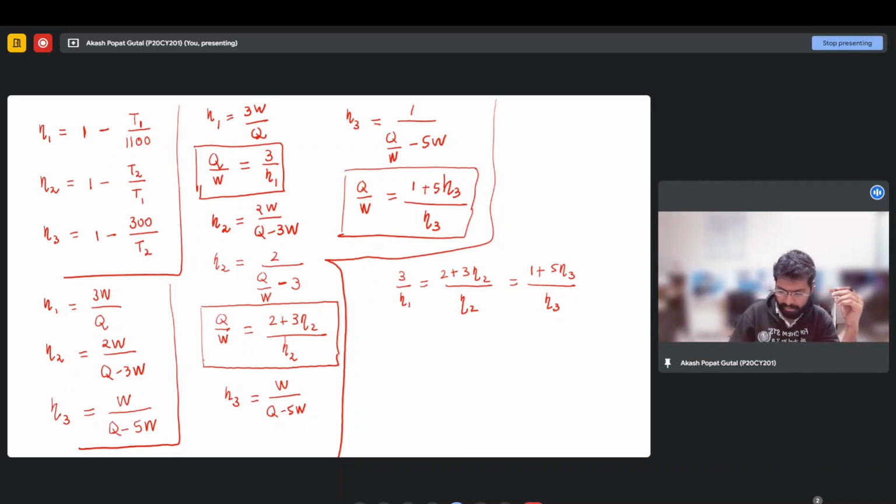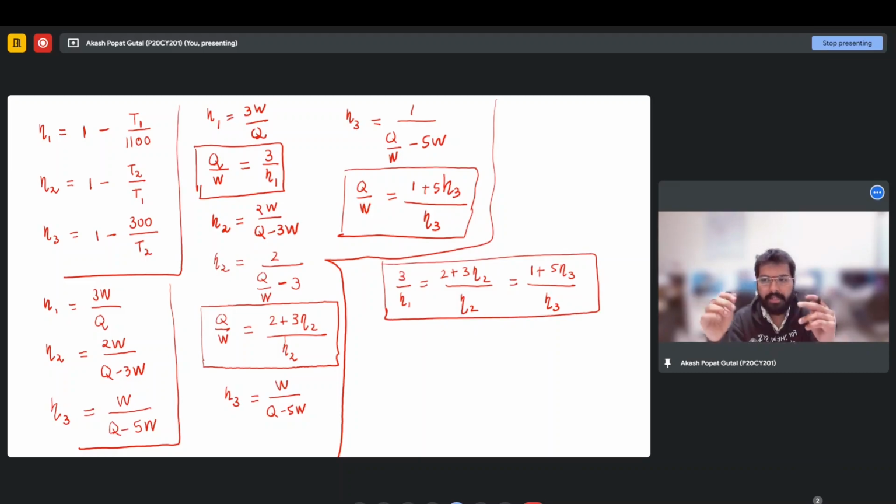But we already know that eta 1, eta 2, eta 3 actually depend upon only two variables, which are T1 and T2. So we can reduce this proportionality in terms of T1 and T2, put in the eta values so that we can get the relation between T1 and T2. From that, we can calculate T1 and T2.